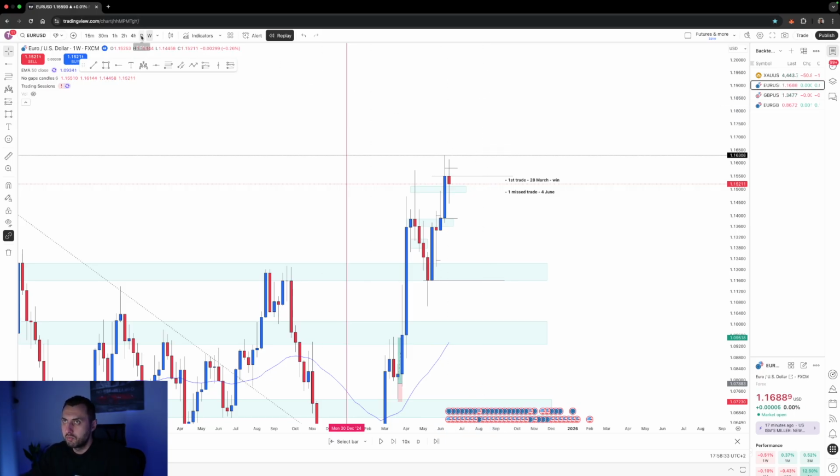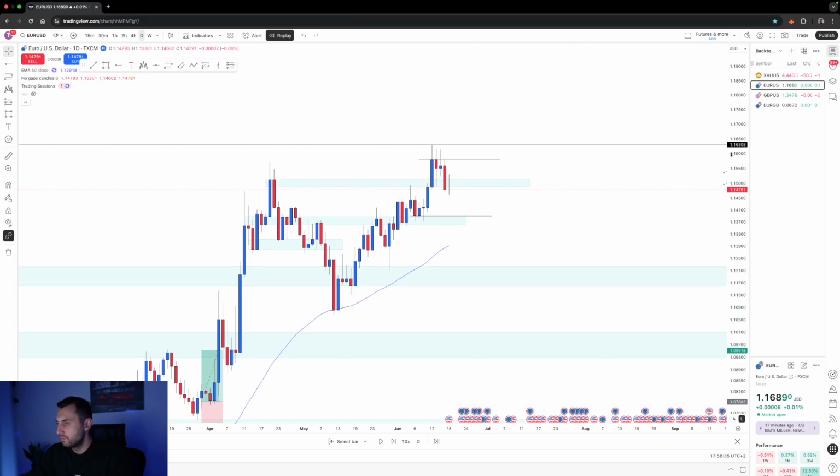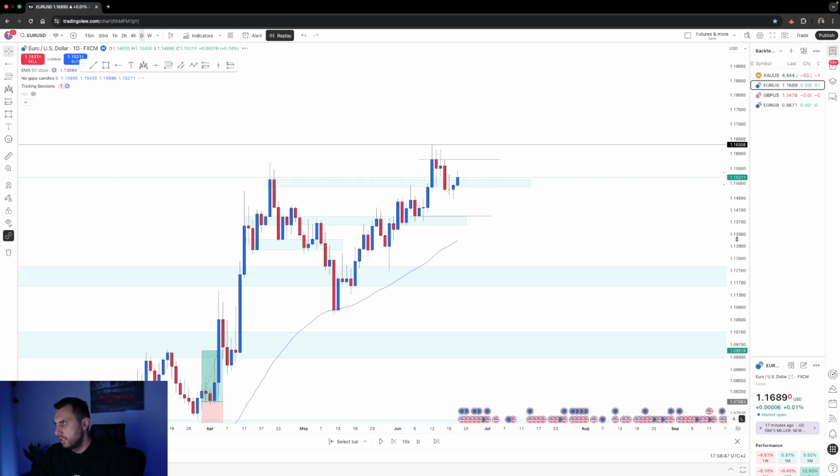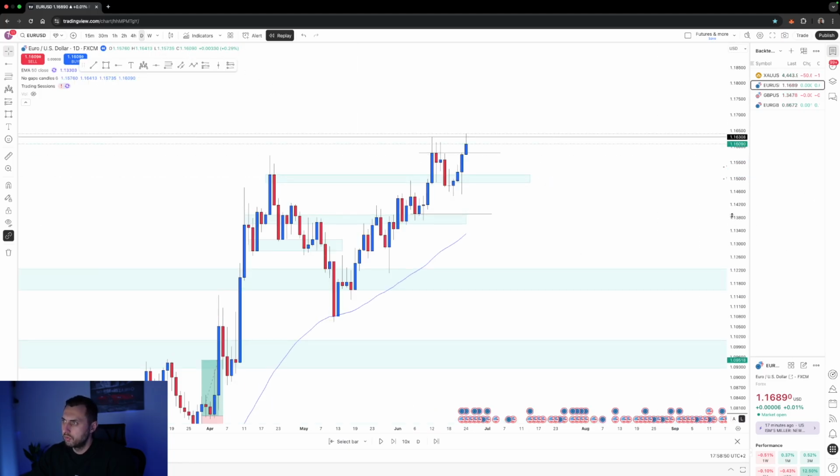So let's see what the price is doing on daily. We saw earlier it's pushing up. So, yeah, weekly. Okay, let's wait on daily and see what it will do. Okay, so daily created a higher high. It's pushing up, pushing up. Okay, so now it's pushing down, and let's see what it will do.